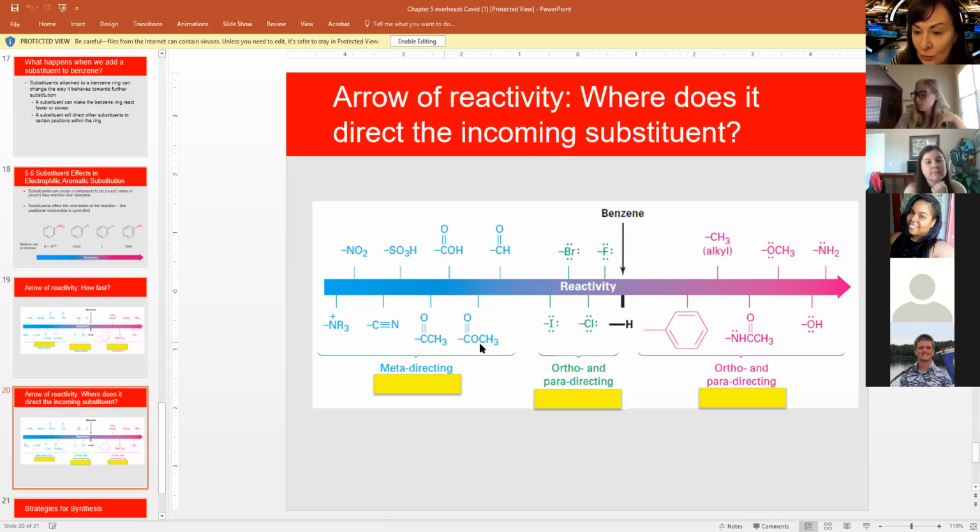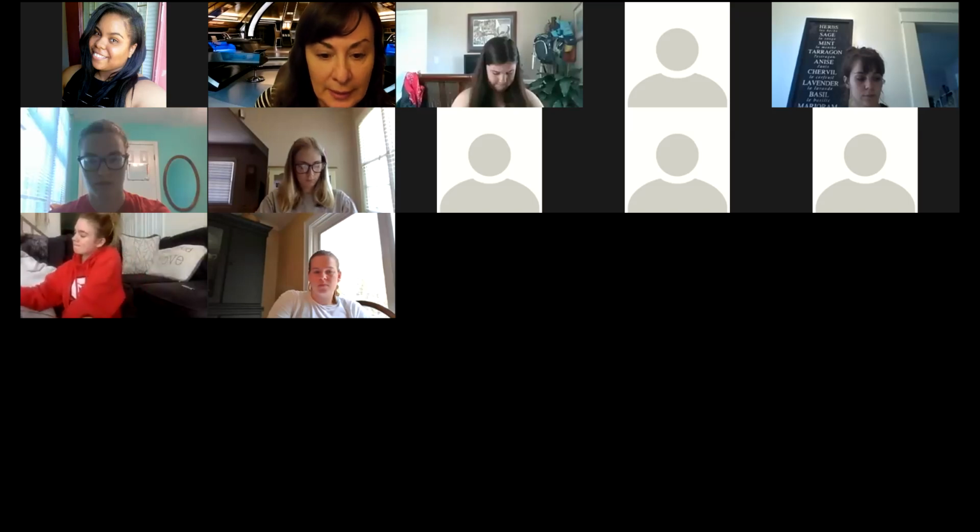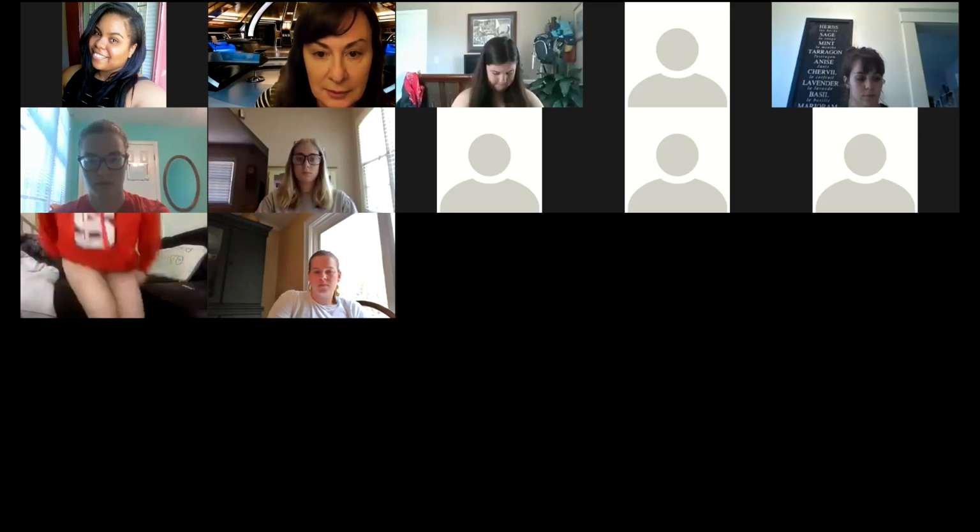So we put them in the order in which we see them in the arrow of reactivity. Of those four things that we just named, the ketone would have to be the slowest one, right? Then the chlorine, then the methyl, then the OH group. Okay? So after we looked at the arrow, let's go back and take a look at the review.